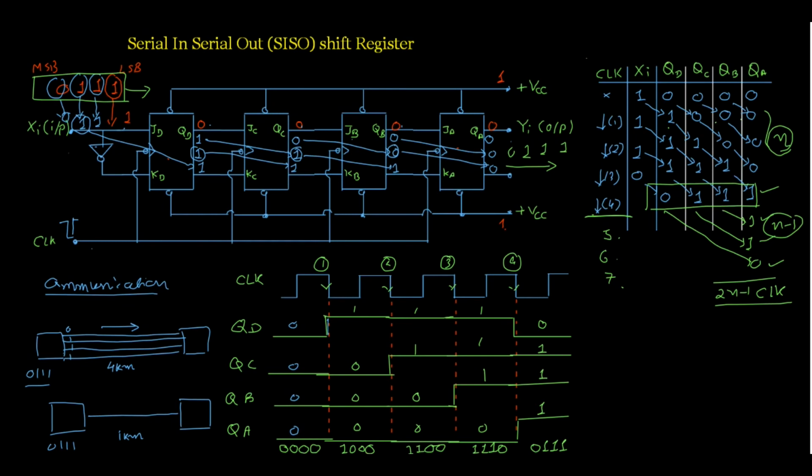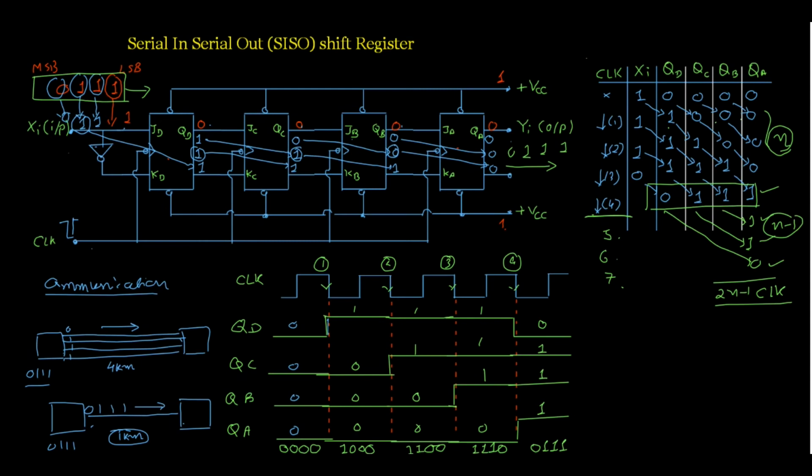We know that copper wire is very costly, so transferring data parallelly is costlier. If we transfer the data serially, we require only one wire. First the LSB will be transferred, then the second bit, third bit, and fourth bit, and it will reach the other computer.